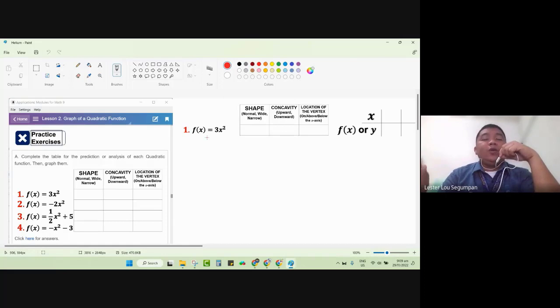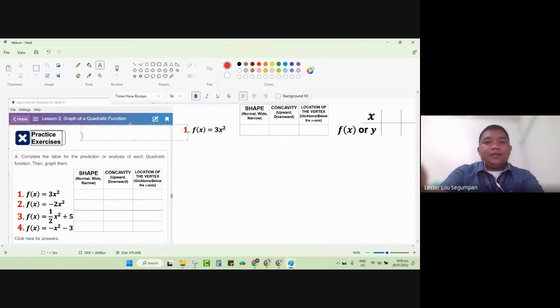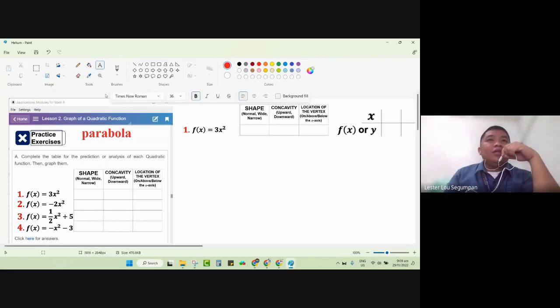When you say quadratic function, it's no longer linear, and hence the graph is no longer a straight line. The graph for a quadratic function is also known as a parabola. A parabola, or parabolic graph, is more or less closer to a U shape.